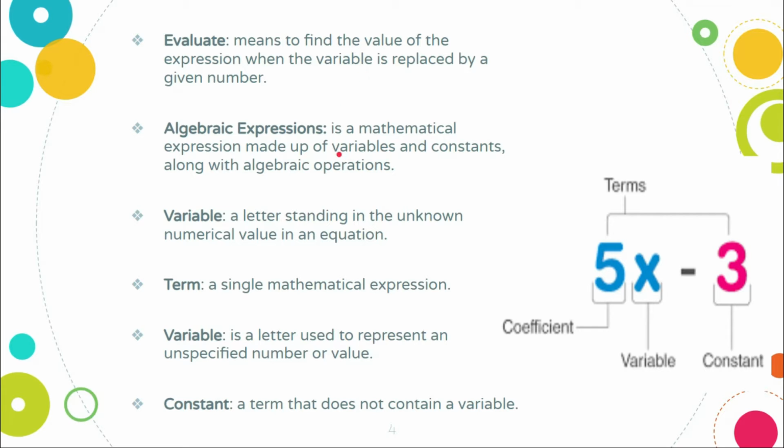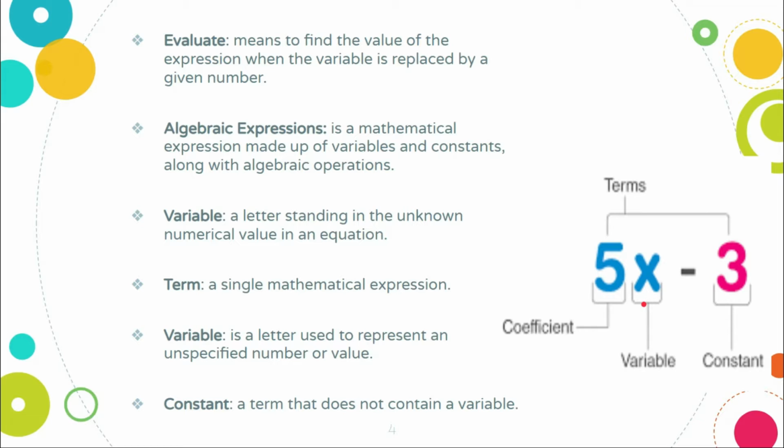An algebraic expression is a mathematical expression made up of variables and constants along with algebraic operations. So here, to the right, we have an algebraic expression. It's made up of variables. In this case, it's this letter x. Letter x is the most common letter used as a variable.